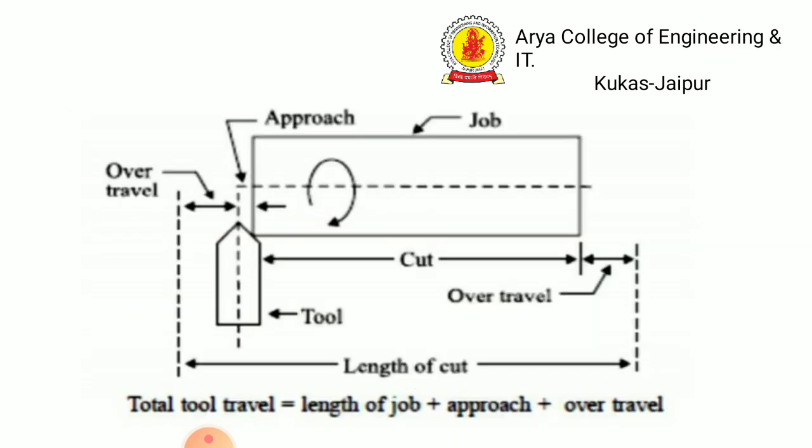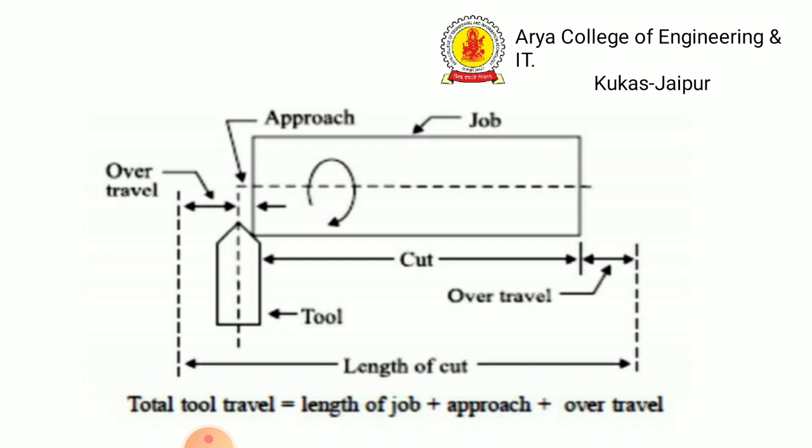So now this is the basic figure of approach and tool travel. In the figure we can see the approach, the cut, the gap between the tool and end of the workpiece, the over travel, and the total length of the cut.